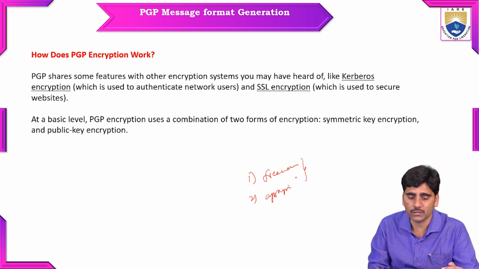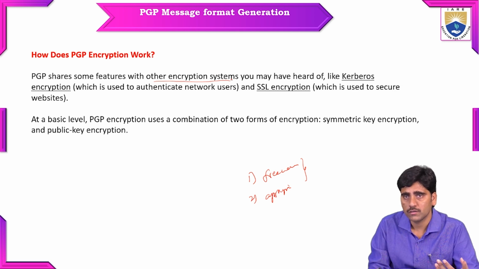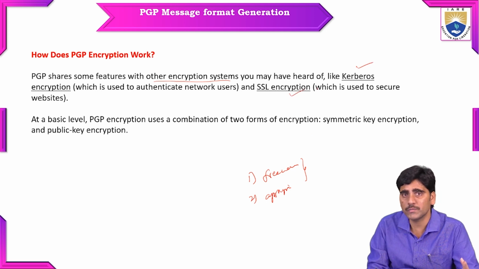PGP shares some features with other encryption systems you may have heard of, like Kerberos encryption or SSL encryption. Like that, PGP also works as encryption: all the data entered on that service becomes encrypted data.